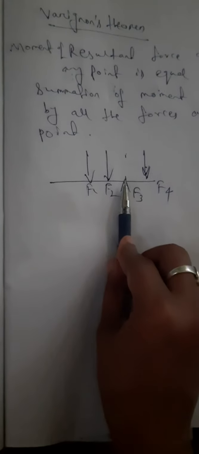F1 is trying to bend or rotate the body in the downward direction, F2 also downward, F3 in the upward direction, and F4 in the downward direction.